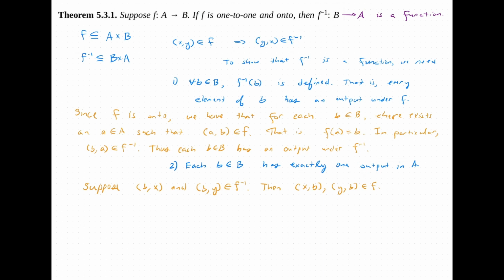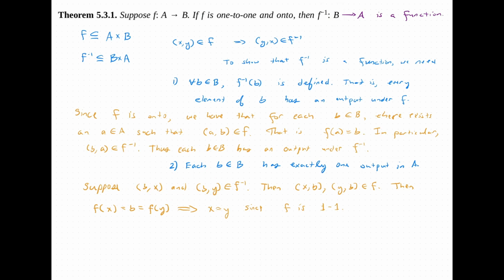But then we have f of x is equal to b, which is equal to f of y, and the fact that f is one-to-one tells us that x is equal to y. And that tells us that the x and the y are both the same, so for every input there is exactly one output when we translate that back. And that finishes it off. And so that's the sketch for Theorem 531.